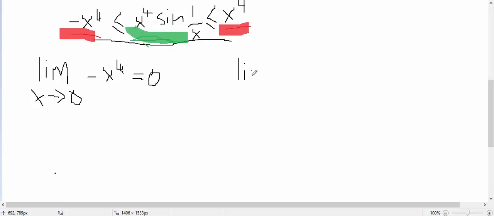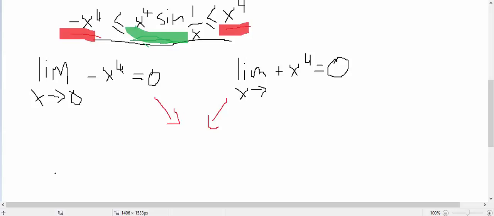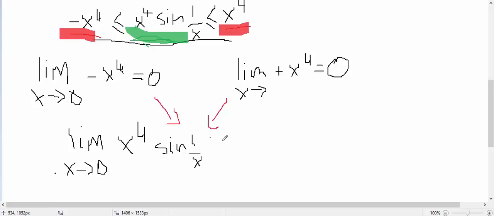And the limit as x approaches 0 for positive x to the 4, well, that equals 0 as well. And this shows us that the limit as x approaches 0 of x to the 4 sine 1 over x approaches 0 as well.